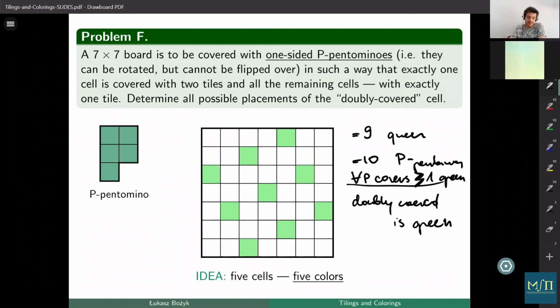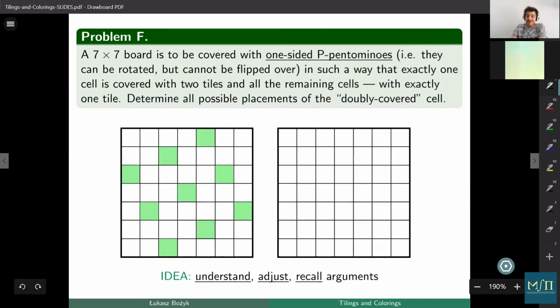If there was a possibility for a P pentomino to cover more than 1. But actually we can come up with another collection of 9 special cells with the property that each P covers at least 1 of them.